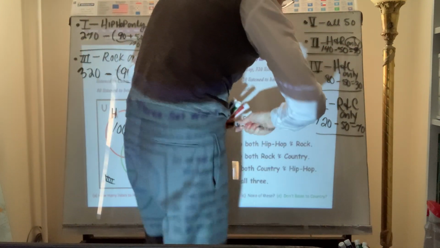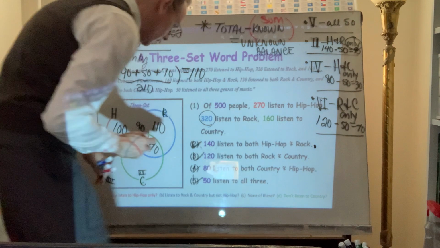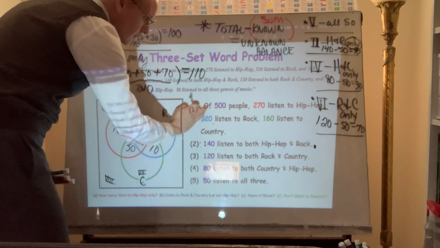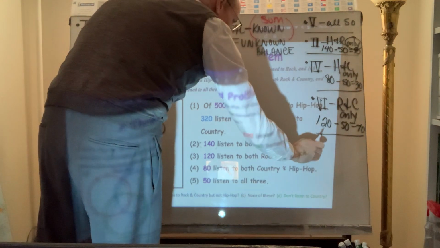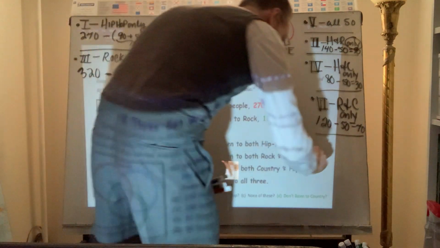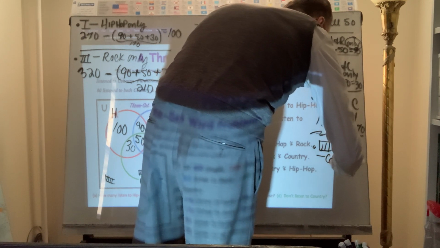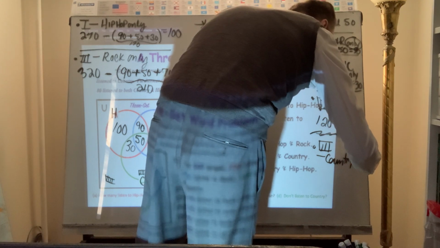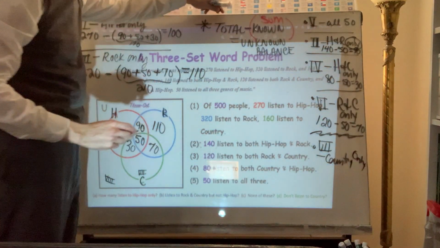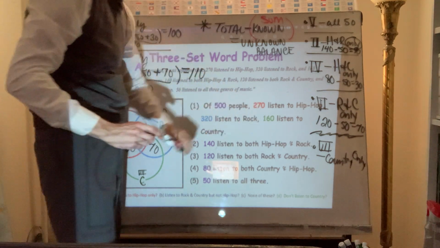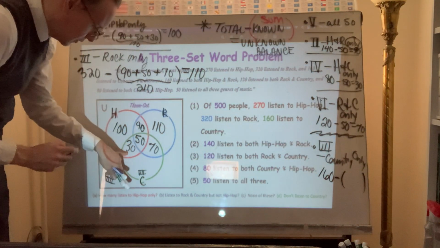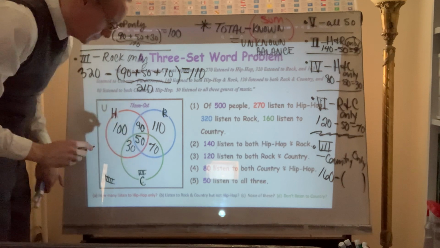And I'll put that here somewhat reluctantly. Region 7, country only, which would be, again, a total quoted to us of country listeners is 160, minus a sum of where it overlaps here, 30, 50, and 70, these petals and that center.